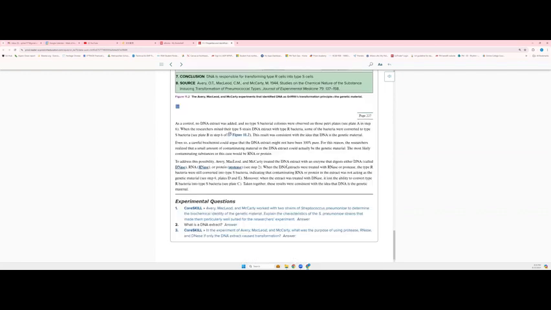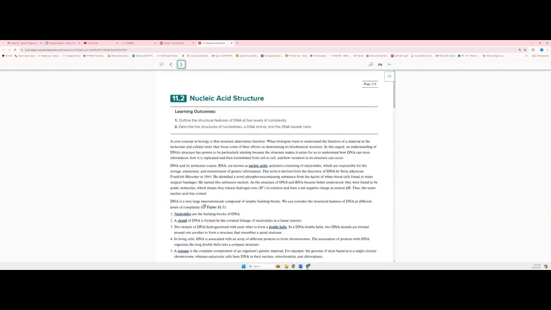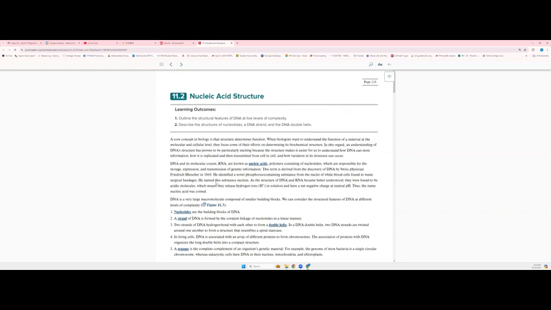It will grow, and it will show the character of the toxic S. That is what was assumed. So he assumed this genetic information is the gene. Then we're going to talk about RNA and DNA structure.